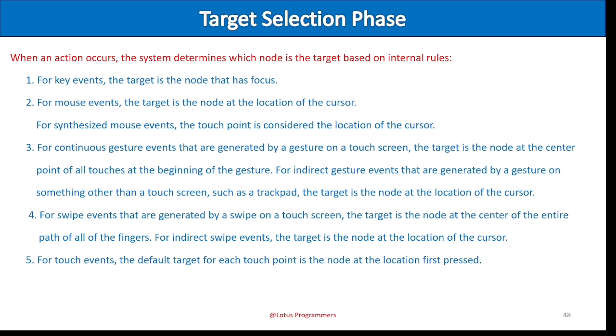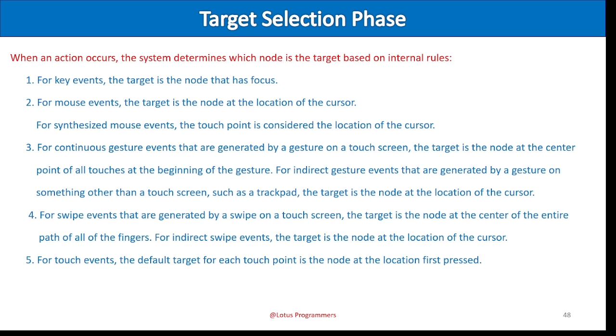The target selection phase identifies which object the event has happened on. When an action occurs, the system determines which node is the target based on the internal rules defined in the event handling mechanism. If we are taking key events, the target is the node that has focus.